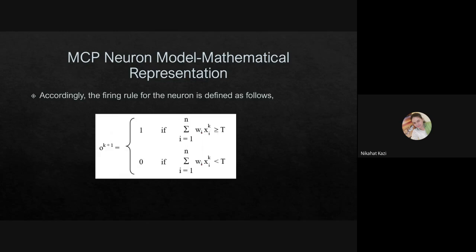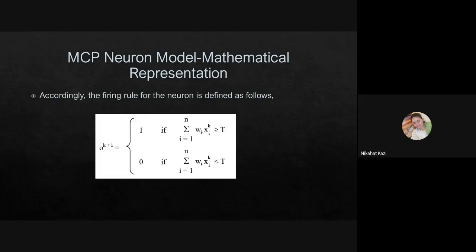The firing rule is that the output is set to 1, that means the neuron has fired, if the weighted sum of inputs is greater than or equal to the threshold, and it is set to inhibit, or not firing, if the weighted sum of inputs is less than the threshold.